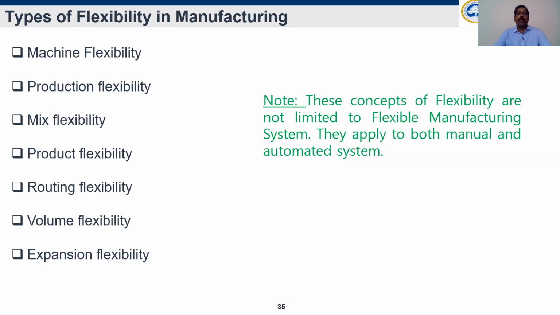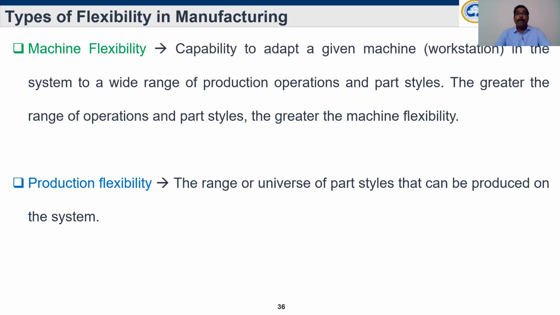So let's see one by one what is meant by machine flexibility. Machine flexibility is the capability to adapt a given machine, which we can also call a workstation in the system, to a wide range of production operations and part styles. The particular machine can work for many part families, because in FMS, or flexibility, part variety should be there.